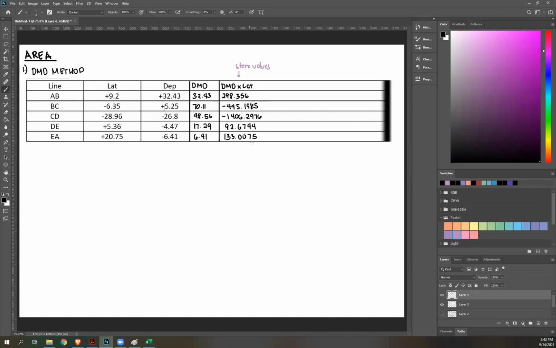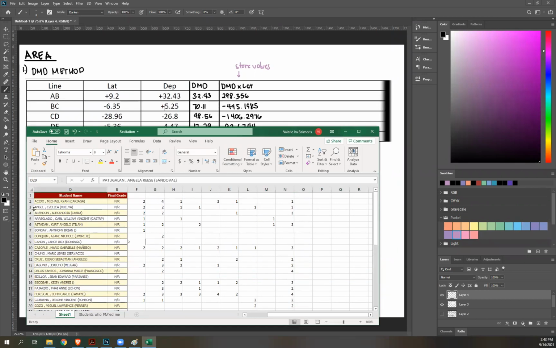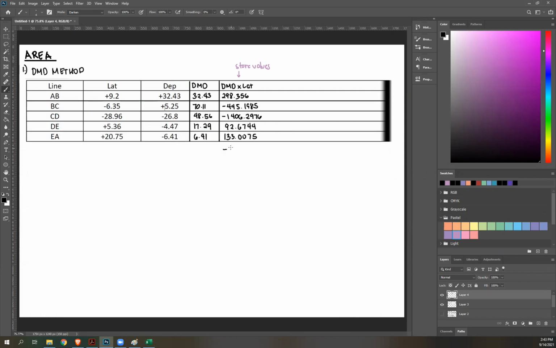Okay, now please take the sum of this. What's the answer? Correct. All right, it's negative 1327.4.